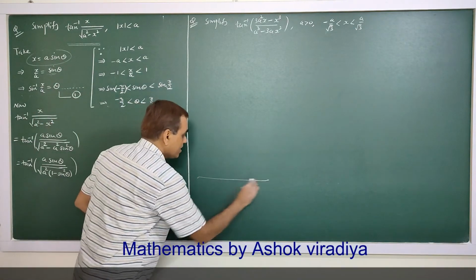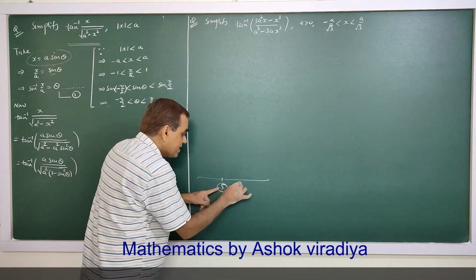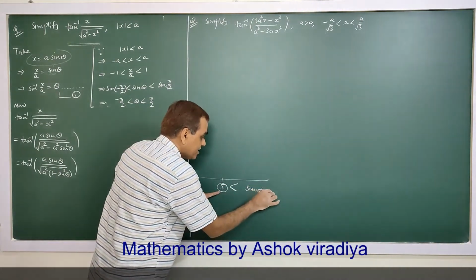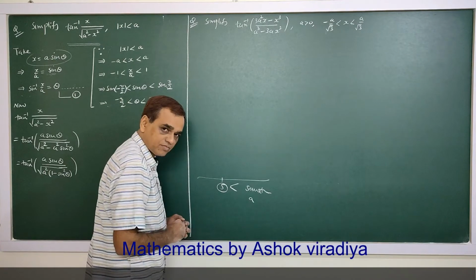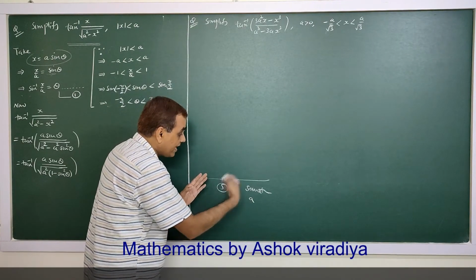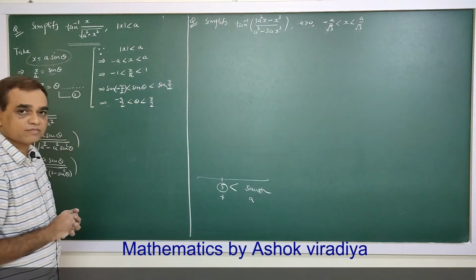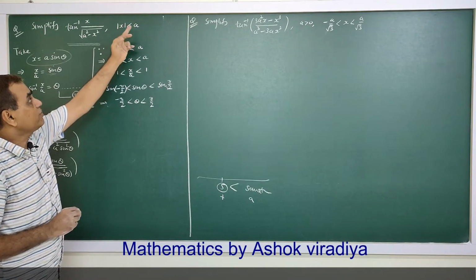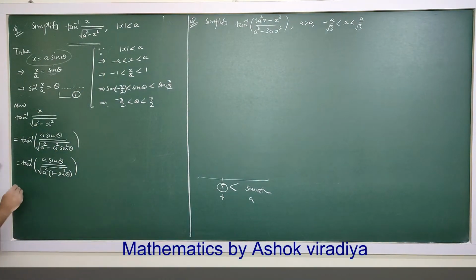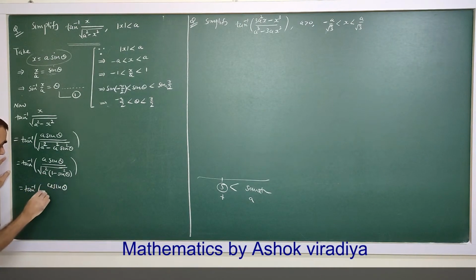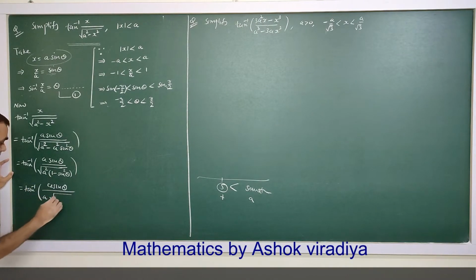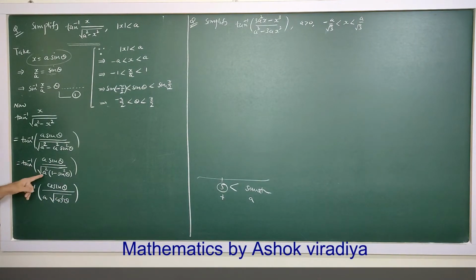On the number line, if you take 5 and 5 is less than something, suppose that something is a, that means this number is on the right hand side of a positive number, so obviously it is positive. So a is positive, and the square root of a square, because a is positive, is a. And here this is cos square theta. A is obviously positive.